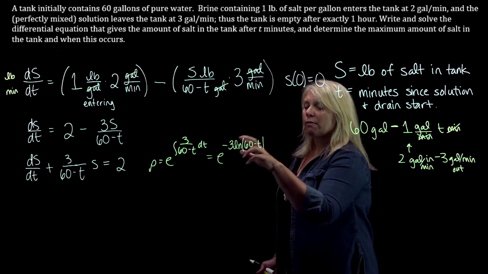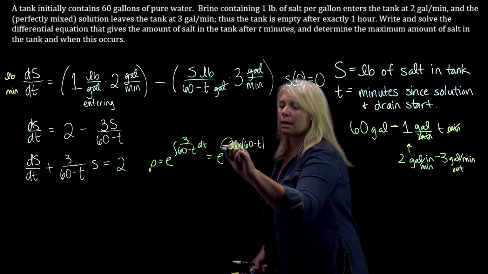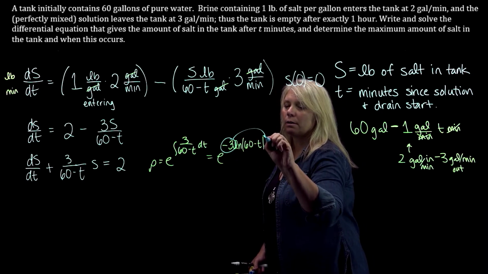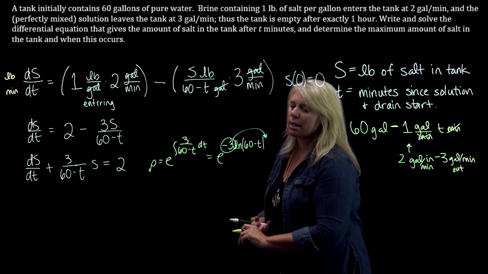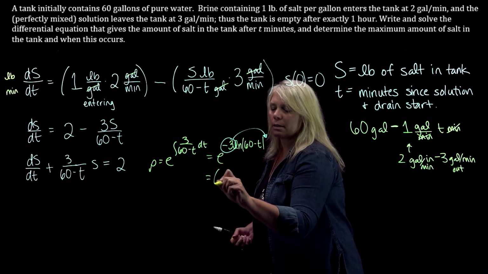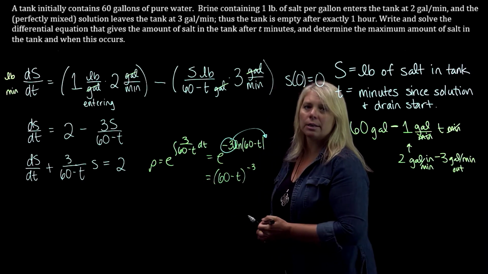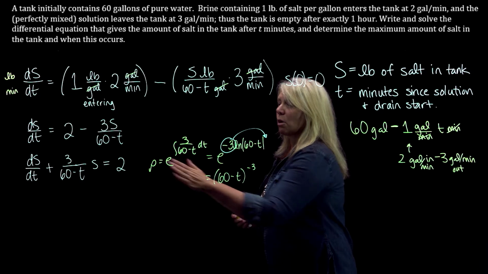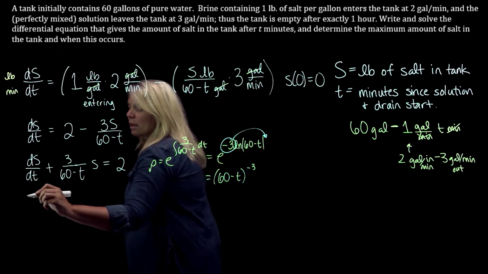And then you want to simplify this, so you can use that exponent property of logarithms here to bring this exponent up here, and then the exponential function and logarithm function undo each other. So we get 60 minus t to the -3. So there's our integrating factor. That's what we're going to multiply through by, and so I'll go ahead and write that in that simplified form.